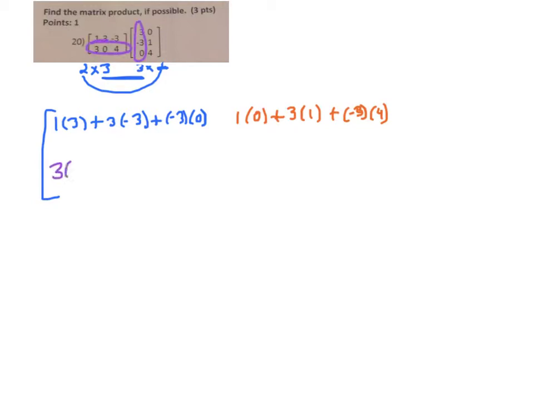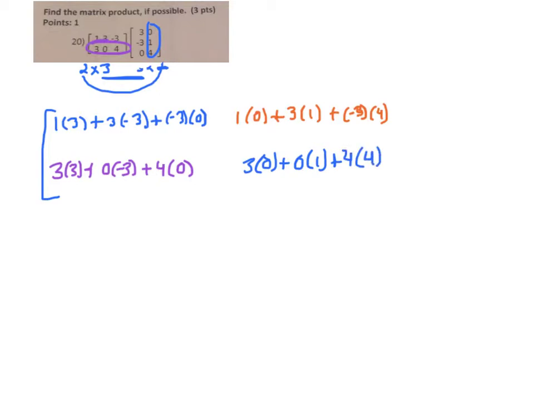So that would be 3 times 3 plus 0 times -3 plus 4 times 0. And then we would move over: 3 times 0 plus 0 times 1 plus 4 times 4.